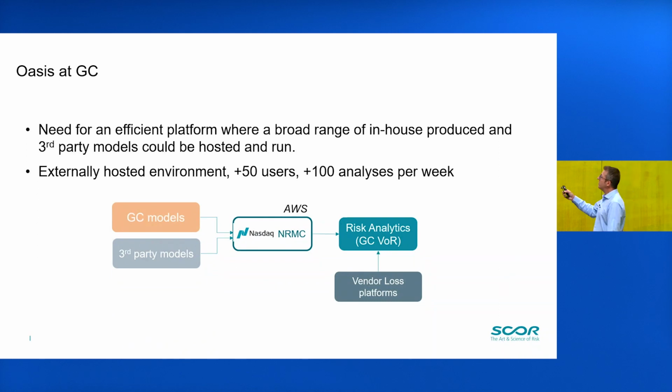And you can see here, for example, there are many GC models and third-party models that enter. They are hosted and run in the Oasis environment, a very powerful environment which is also managed by Oasis. And then the output enters the analytics tool.